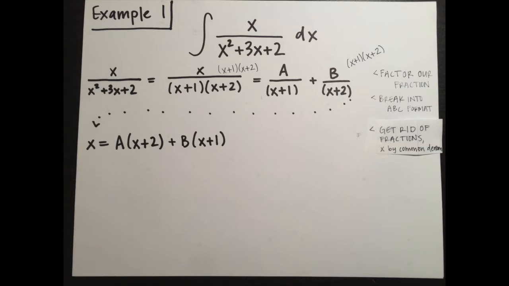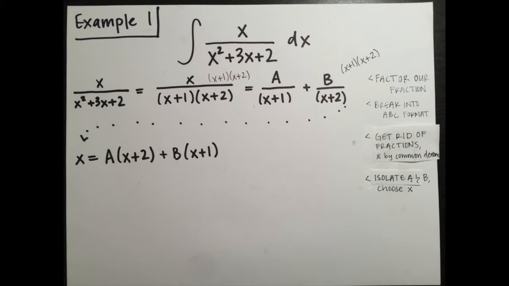The next step is to multiply by a common denominator to eliminate the fractions in this problem. So what we end up getting is x equals A times (x plus 2) plus B times (x plus 1). From here, we are going to choose specific x's that will isolate each of the variables.